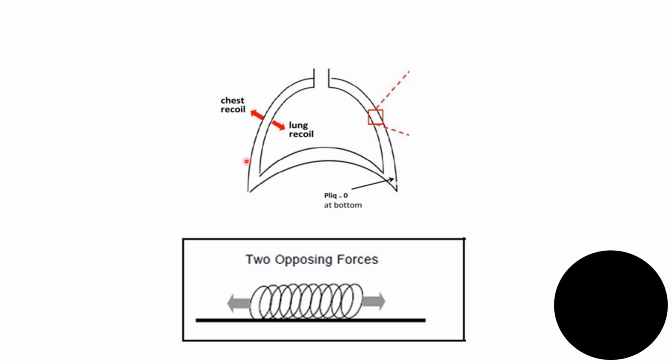The chest wall, with its tendency to go outward, and the lung recoil, with its tendency to go inward, are two forces opposite to each other, and they're balancing each other to keep the lungs at a certain volume and pressure, and the chest wall at a certain volume and pressure. Those two opposing forces are what is controlling the elasticity of the respiratory system and keeping each one of them in its certain place.